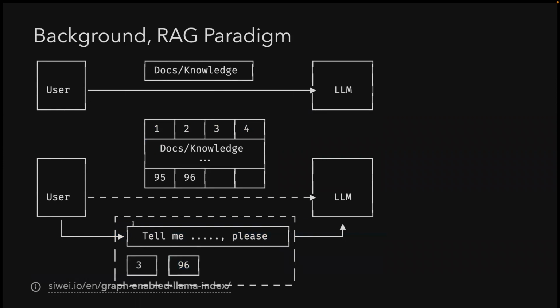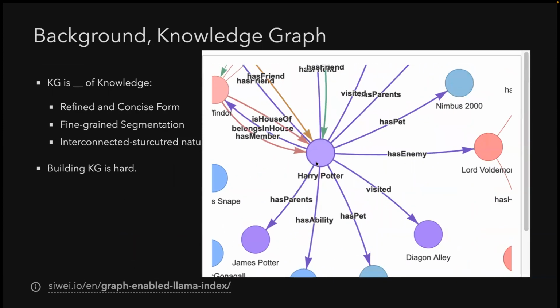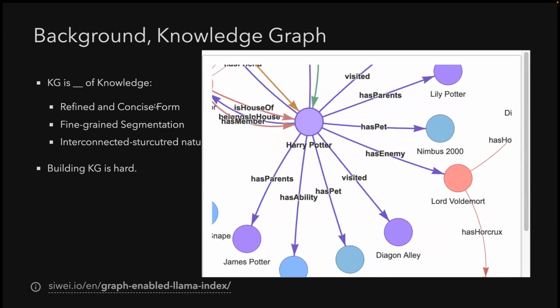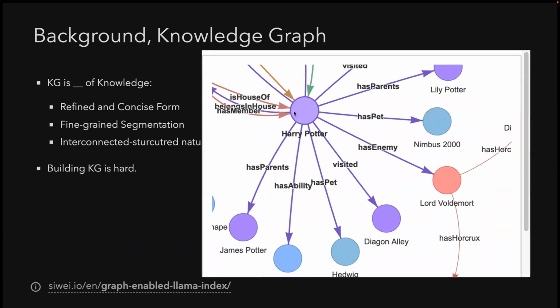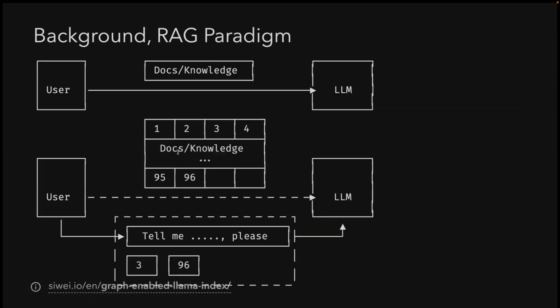As graph people, we were playing with graphs every day. Our intuition here is that we are dealing with knowledge, but a knowledge graph is a refined form of the data, and it's also a fine-grained segmentation of the data or information.